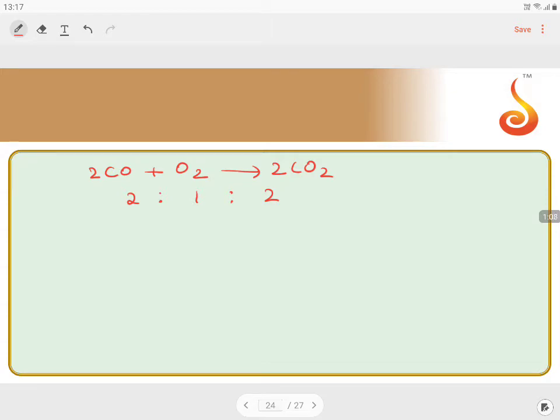In the question, it is clearly mentioned 1 liter of oxygen and 3 liters of carbon monoxide is taken. This is the given data. We know for 2 liters of CO, 1 liter of oxygen is required.